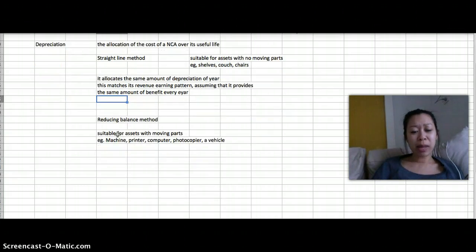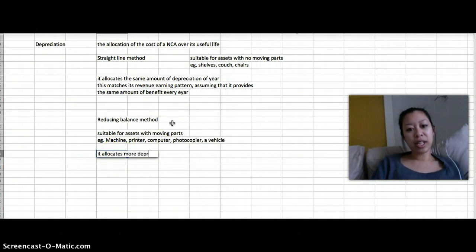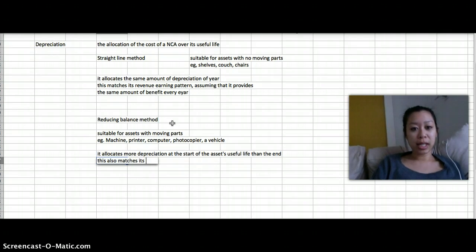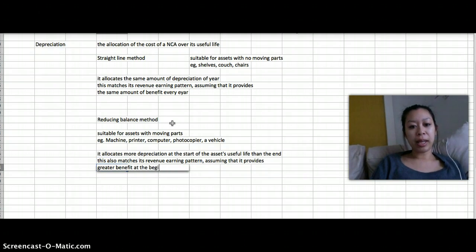Whereas reducing balance is a little different. It allocates more depreciation at the start of the asset's useful life than the end. This also matches its revenue earning pattern, assuming that it provides greater benefit at the beginning of its useful life than the end.